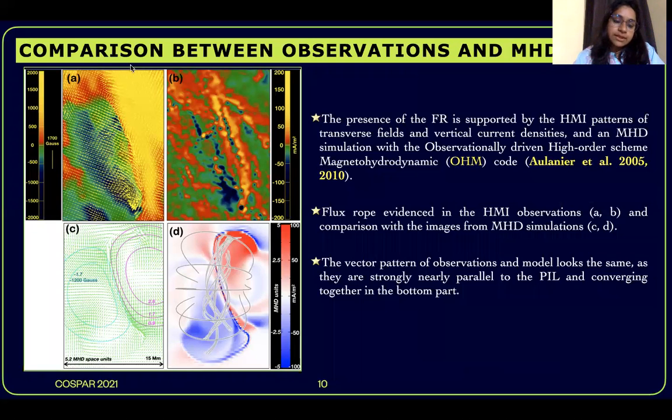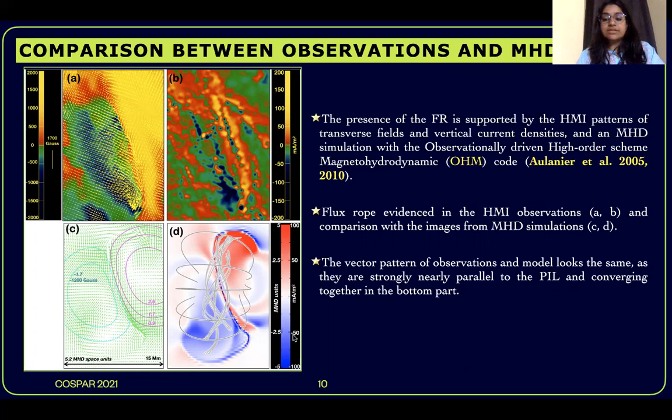We have seen that a big flux rope is observed at the polarity inversion line, where the vectors are nearly parallel at the polarity inversion line and are converging at the bottom of the flux rope, which is evidence for the bald patch region. And it is exactly the same result in the simulations as well, where the vectors are inclined parallel here and converging in this direction.